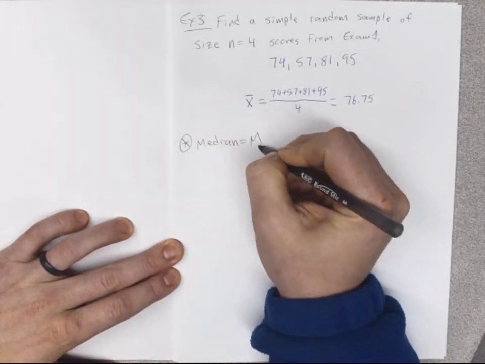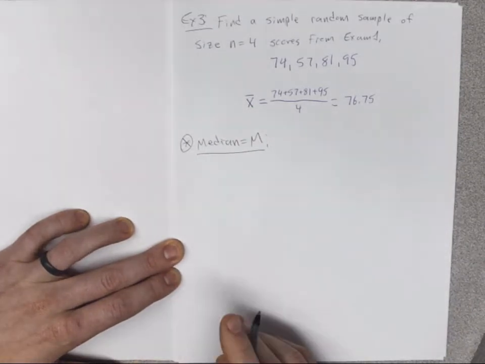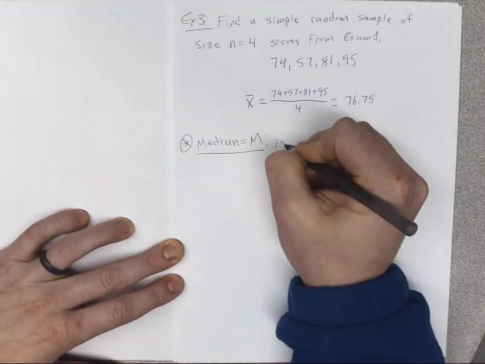Remember, it's labeled as M. The median is the value that lies in the middle of the data.